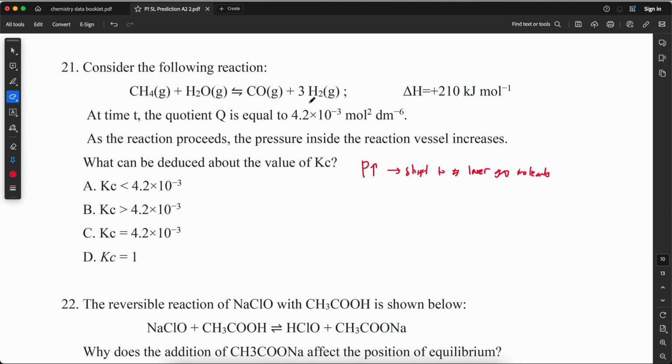As you can see here, here is 4, here is 2. So it will shift to the left. When it shifts to the left, Kc will be smaller than Q because the yield decreases. So the answer will be A.